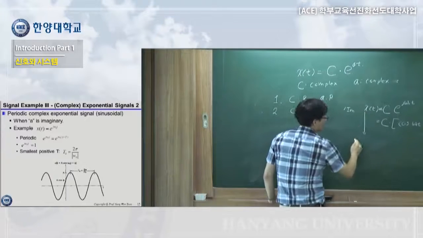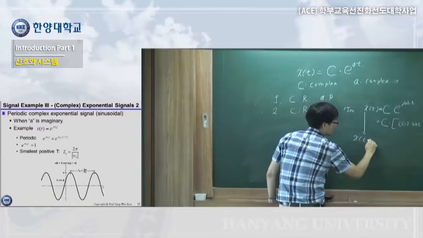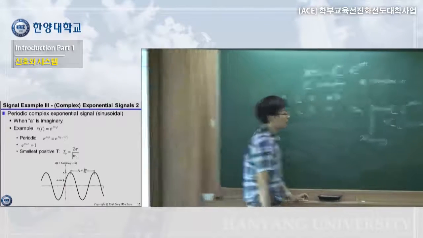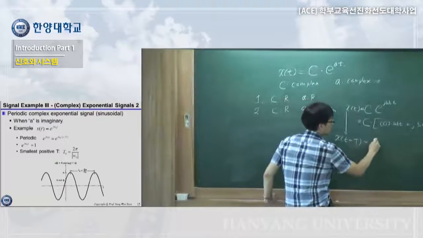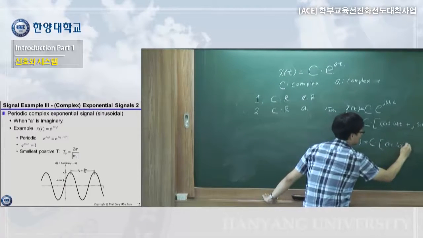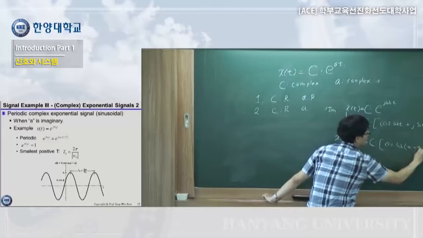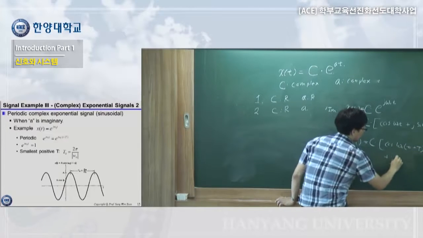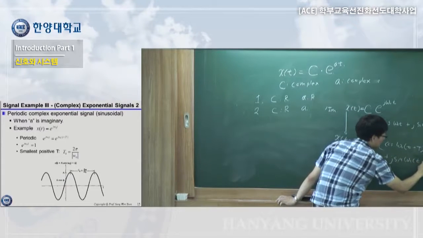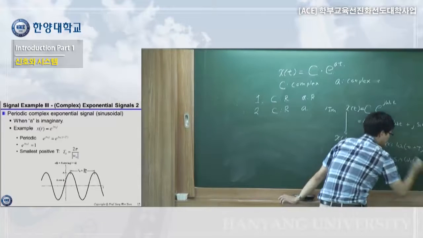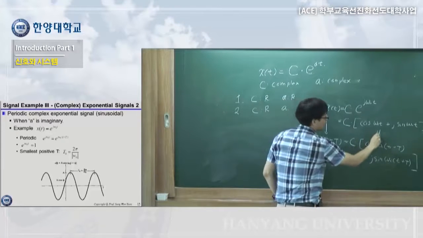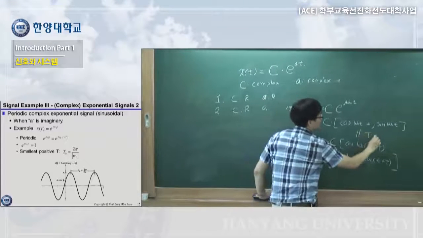If you add a period of T, this one becomes C times cosine ω0(t+T) plus j sine ω0(t+T). We need to make them the same. What is the T?